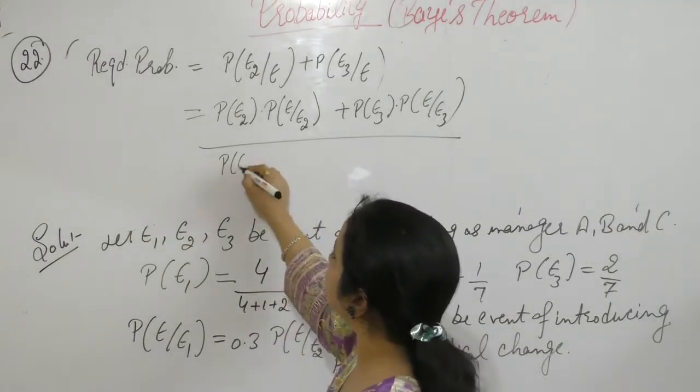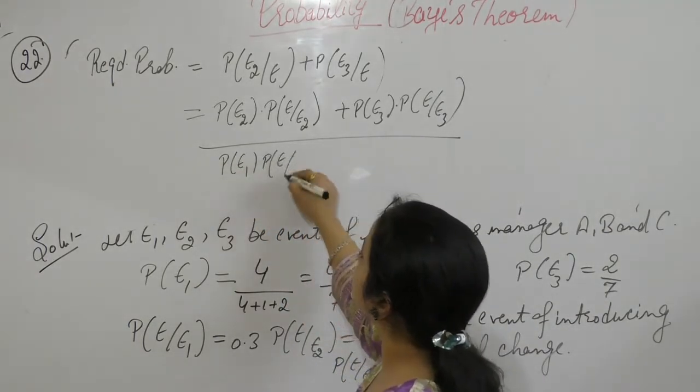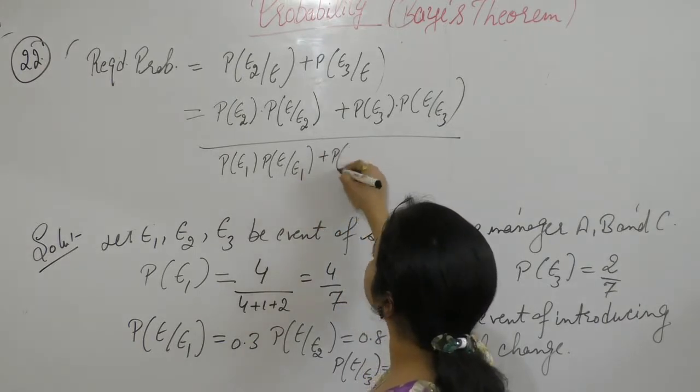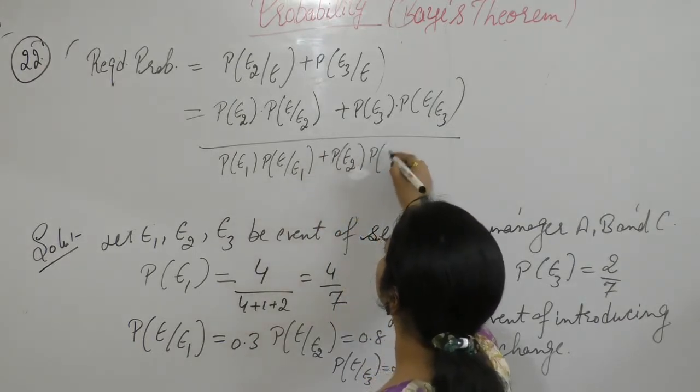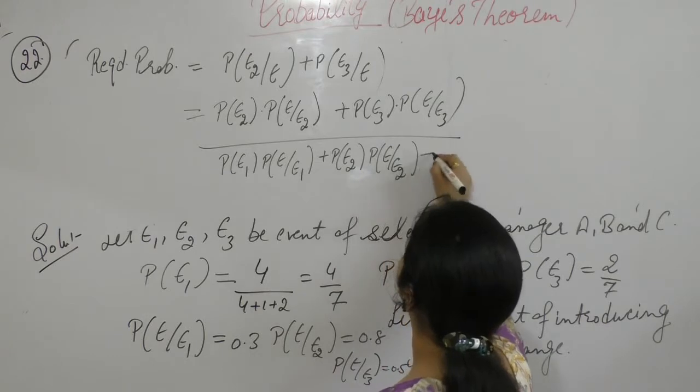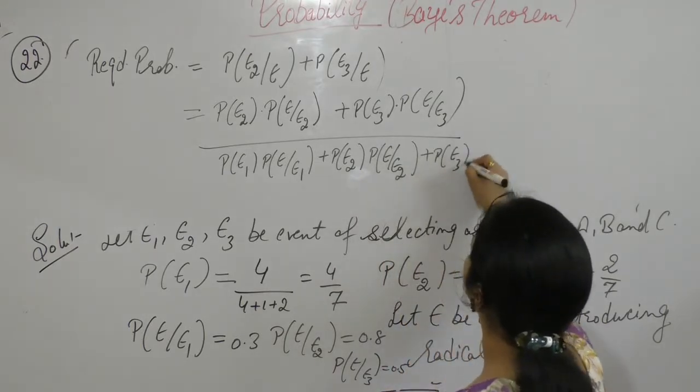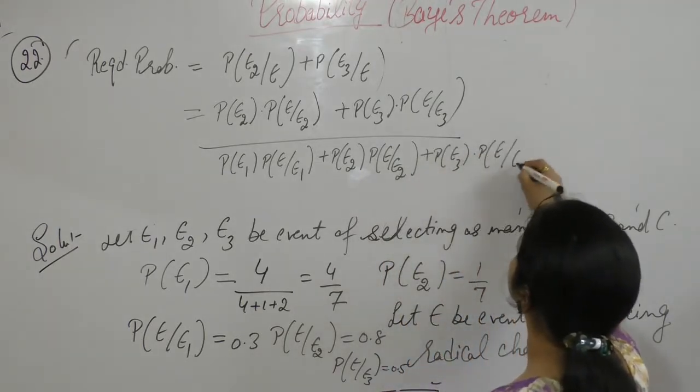Sum of probability E1, E upon E1 plus probability E2, E upon E2 plus probability E3, E upon E3.